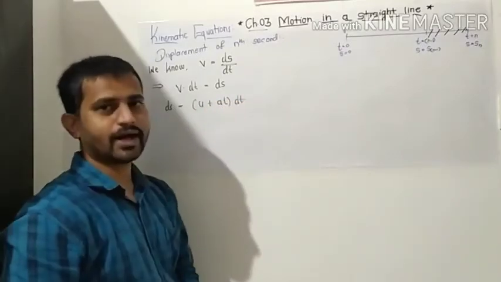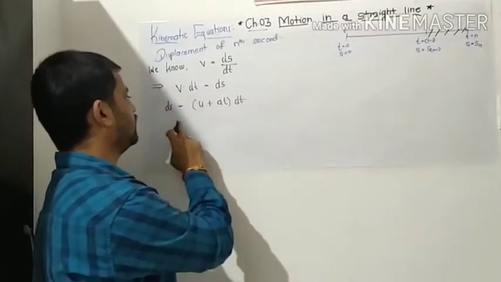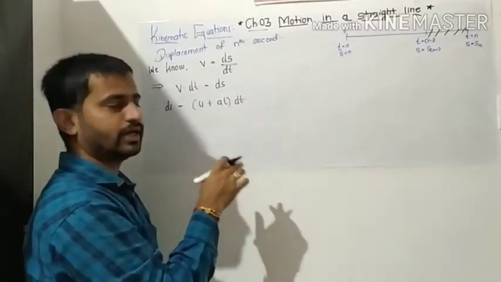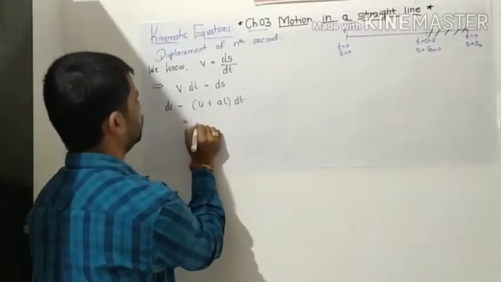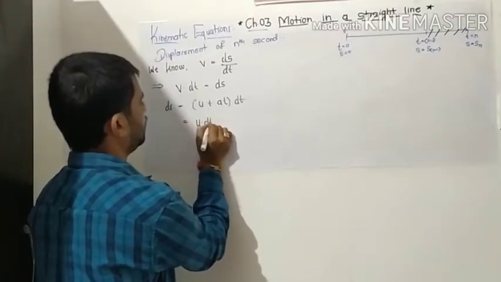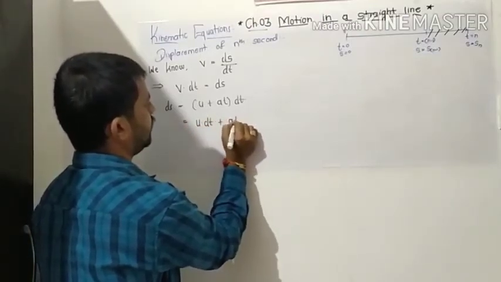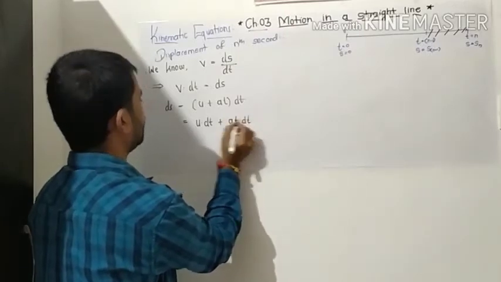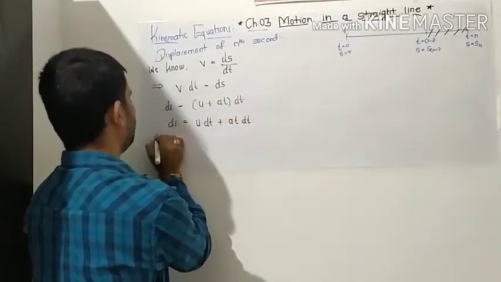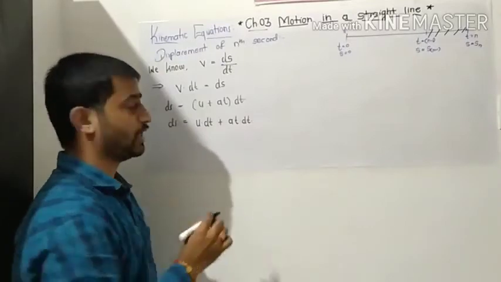So we can write it out as u dt plus a t dt. Now we take the limits.